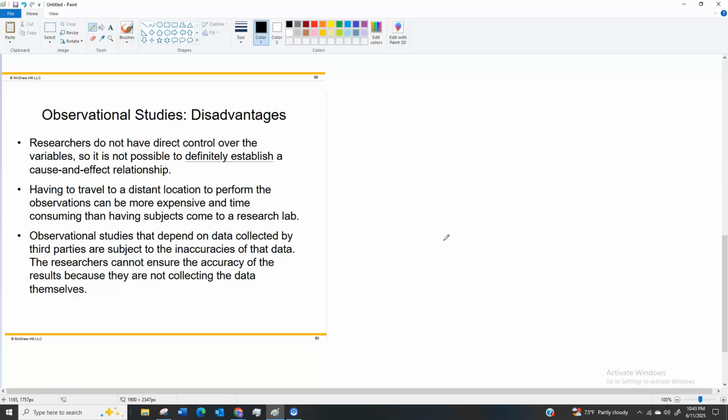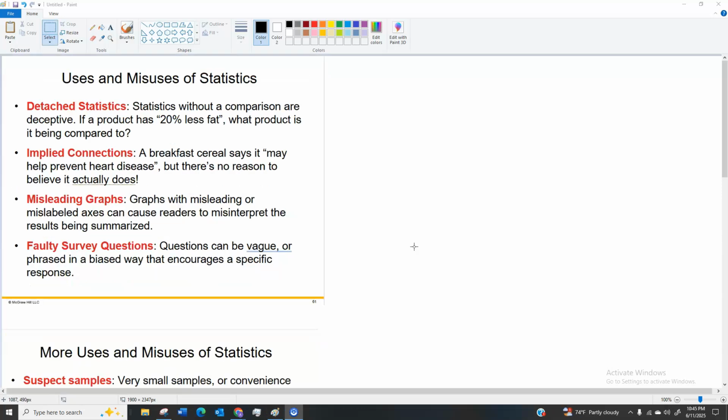So let's say, again, you're looking at when plumbing was installed in a city and what that did to the cholera rates. Well, you don't know how accurate the data was that was collected 100, 150, or 200 years ago, or maybe some of it's missing or things like that. So those are the disadvantages of an observational study.